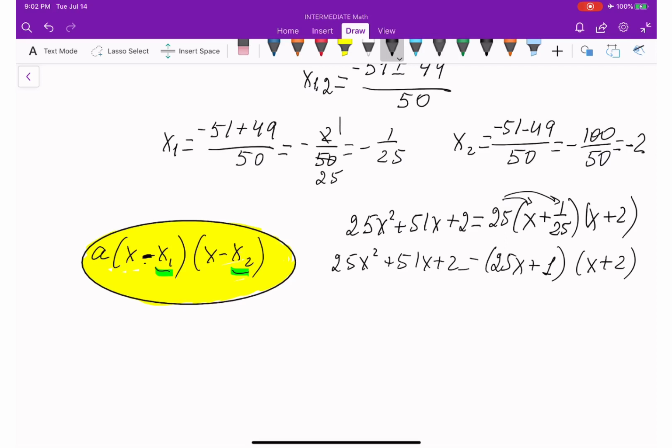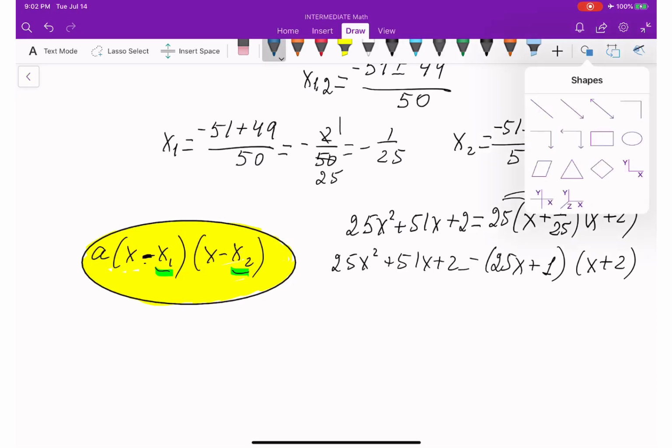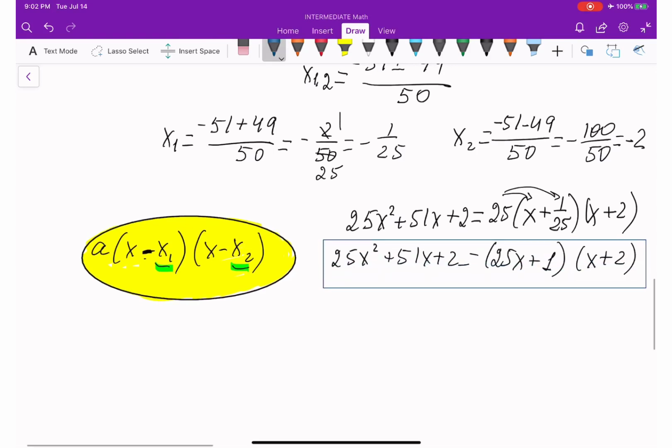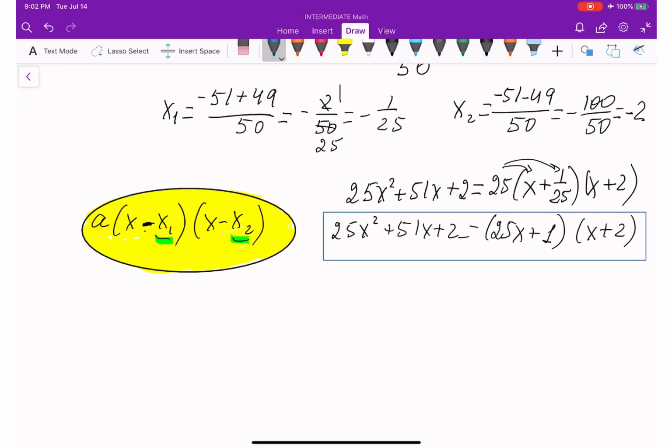This is our solution. Factoring. Okay? Next one.